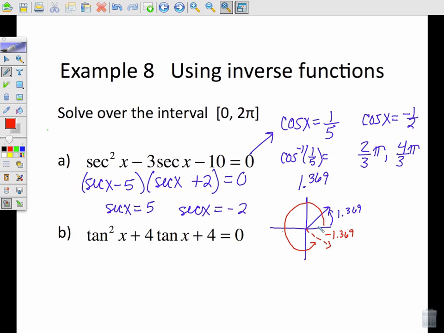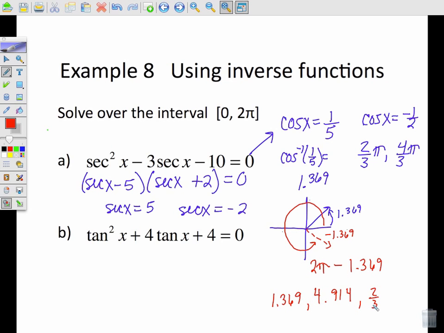If I take 2 pi, which would be the full circle, and subtract that value, I get 4.914. So I'm taking 2 pi and subtracting the 1.369 and I get 4.914. That's my angle going all the way around.